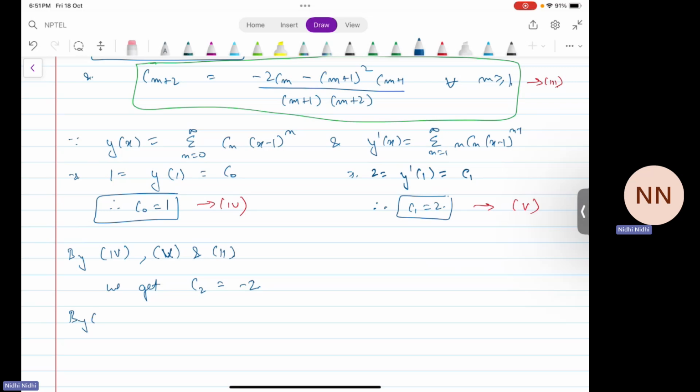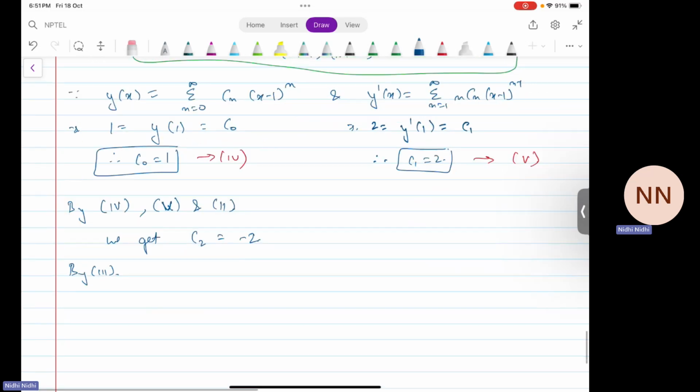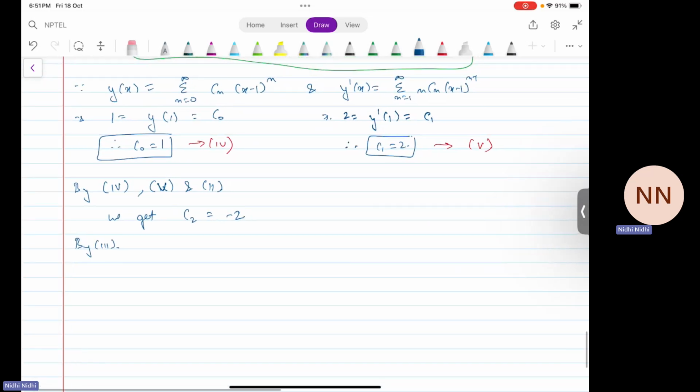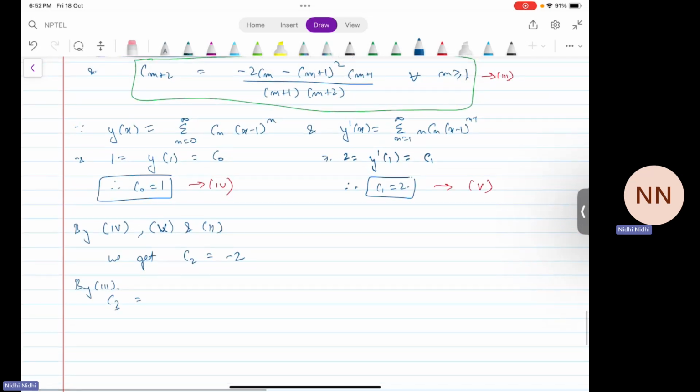By third, we can find the rest of the terms. So by third, we will get C3 is equal to, so we have to put m equals to 1. This is minus 2 C1. C1 is 2, minus m plus 1 would be 2, 2 square is 4 times Cm plus 1. That means C2. And what is C2?